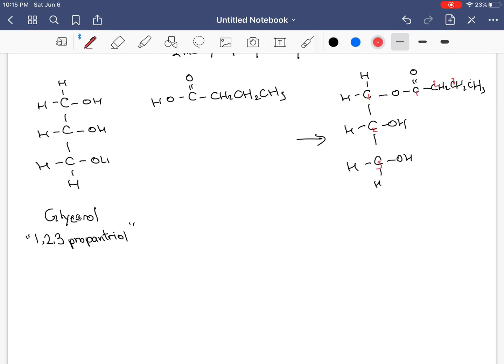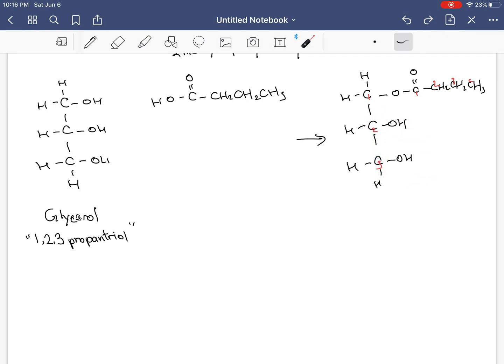This is going to be 1, 2, 3, 4. Right off the bat, these alcohols will turn into side groups as hydroxyl. You have to use hydroxyl. You're not going to say propanol, right? That makes no sense.